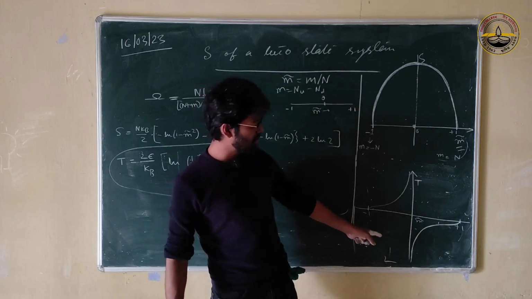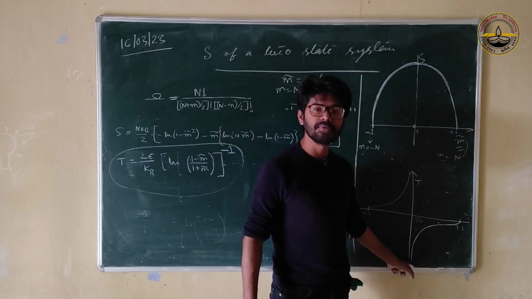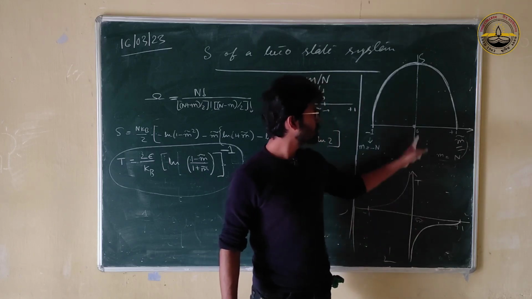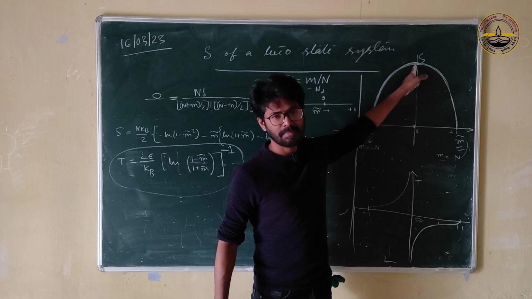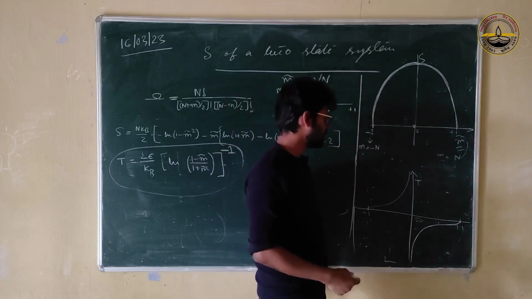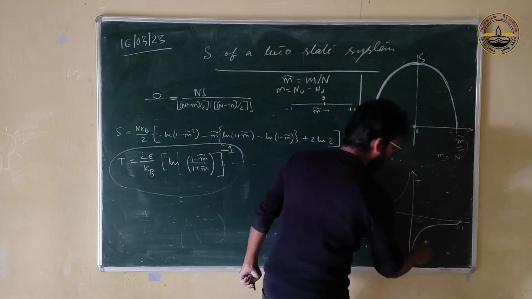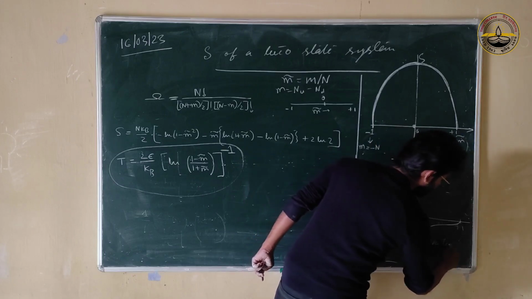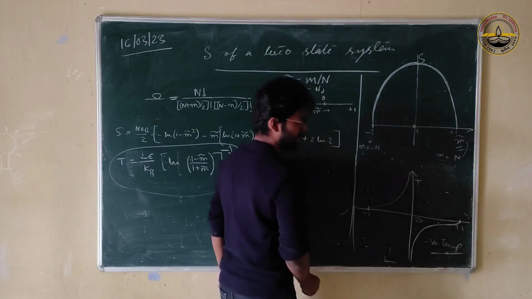When the temperature reaches -infinity value, at that point, your entropy becomes maximum. Okay, your entropy becomes maximum. 50% pointing up, 50% pointing down. This part is your negative temperature space.